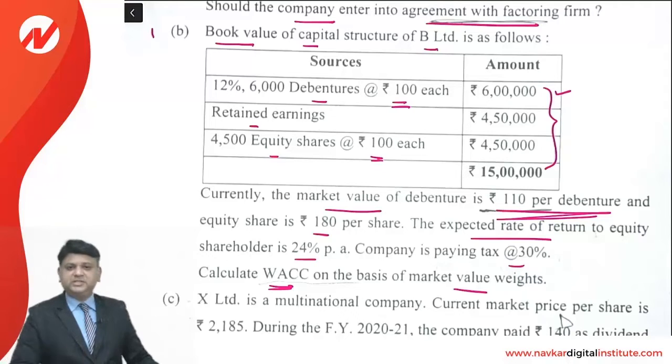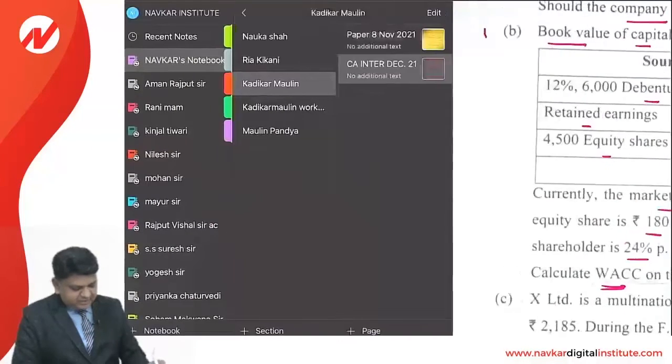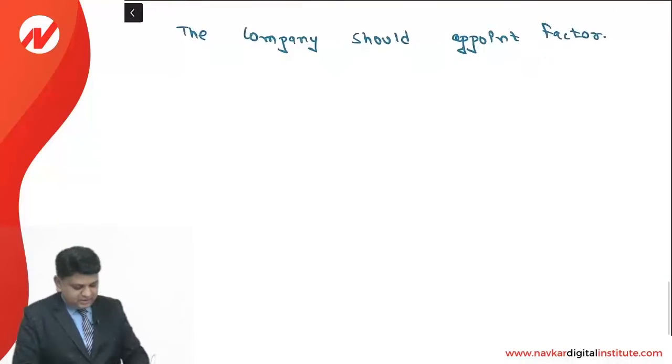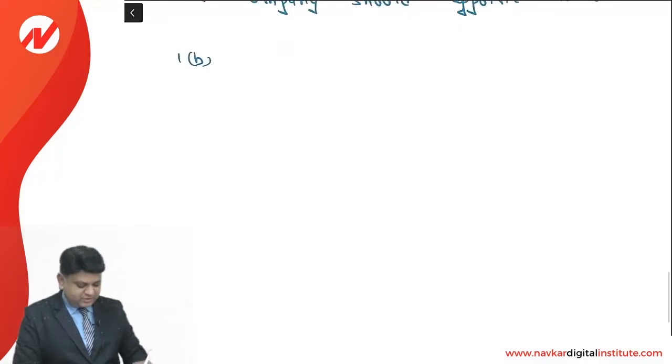So assuming that the debentures are issued for perpetuity, we will make the calculation of the cost of debt financing, because for calculating the weighted average cost of capital, we require the information of cost of debt financing. So answer for question number 1B, working note number 1, calculation of cost of debt financing.